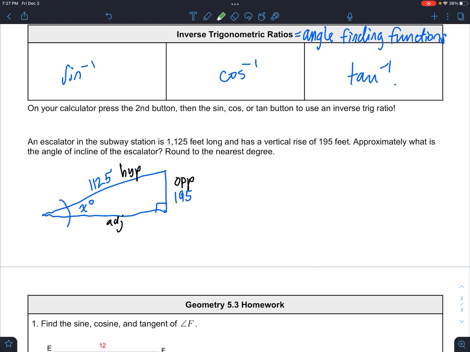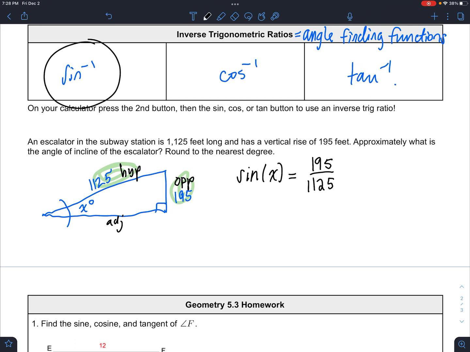The adjacent's kind of useless here. But we do have information about opposite and hypotenuse. And that's sine. You'll be able to figure that out because you'll be given the definitions. So sine of x is 195 over 1,125.